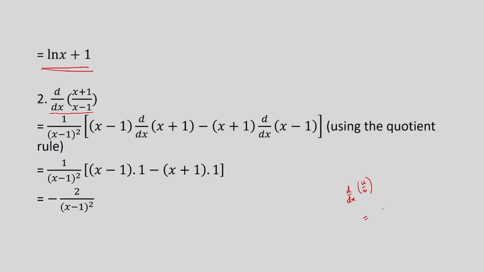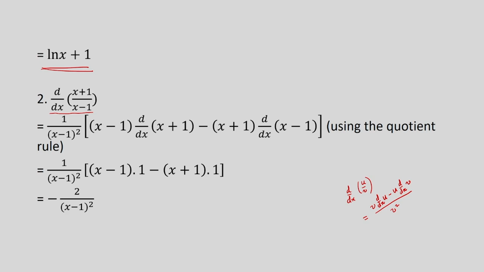The quotient rule tells us that this is 1 divided by v square multiplied by v d dx of u minus u d dx of v. All right.